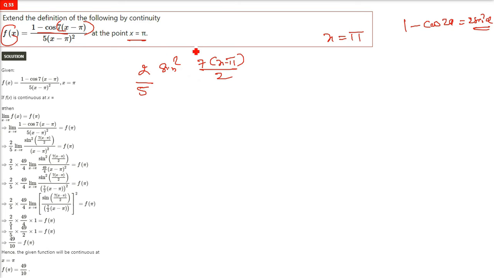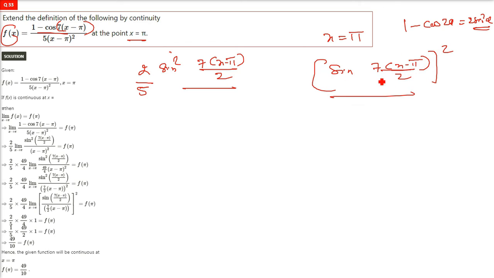Since we need x minus pi whole square, it can be written as 7x minus pi by 2 whole square. And we need x minus pi whole square in the denominator, which is already there in the question.